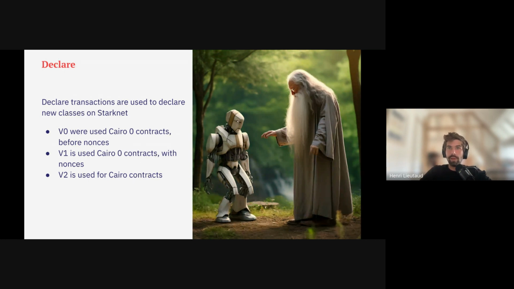Meaning you need to make sure that everything compiles, everything is Sierra. So when you're declaring Cairo contracts, you're declaring Sierra code, which then gets compiled by the sequencer to make sure that indeed it is a Sierra program and not just raw Cairo assembly.